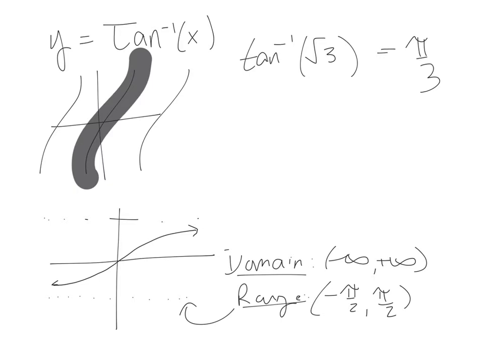But then if you were asked what is the inverse tangent of negative 1, it would be negative pi over 4, because usually it would be 3 pi over 4 or 7 pi over 4. But that's not included in the range, so it has to be negative pi over 4. So the range is the same as sine, except the pi over 2s are not included.